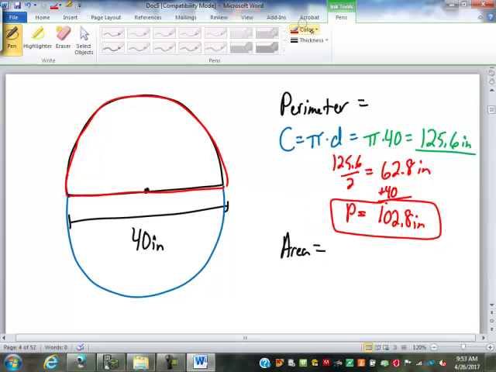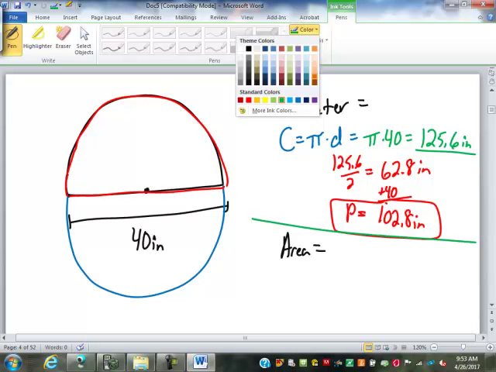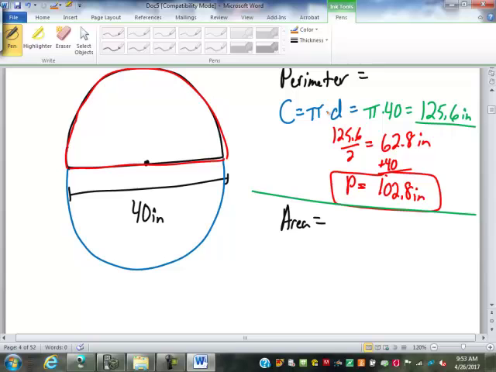Area, do the same type of thing. Area is pi times radius squared. So that's going to be pi times, not 40, 20 squared. The radius will be half of the 40, it would just be 20 inches.